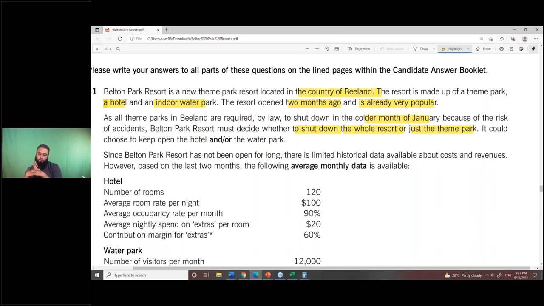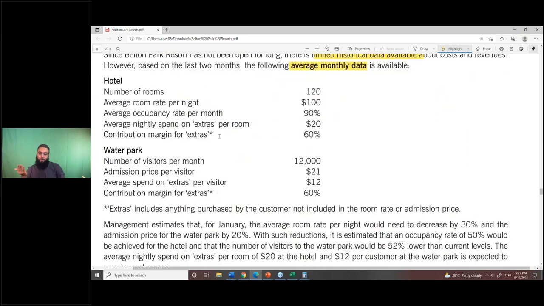It could choose to keep open the hotel and/or the water park, so they can even operate one or both. Since Belton Park Resort has not been open for long, there is limited historical data available about cost and revenues. However, based on its last 2 months, the following average monthly data is available. So what you have is monthly data, and you also have to take a decision for the month.